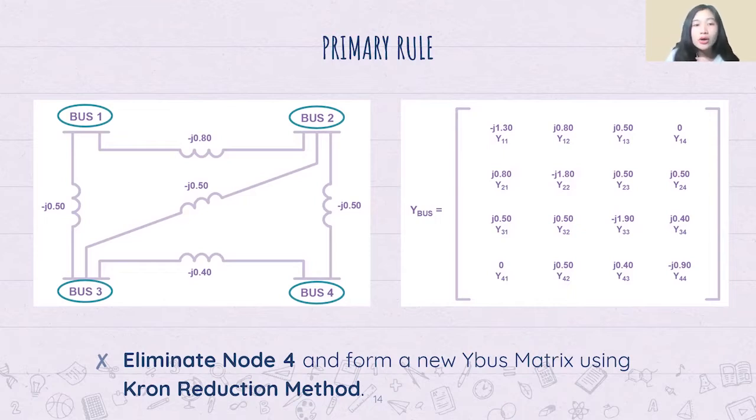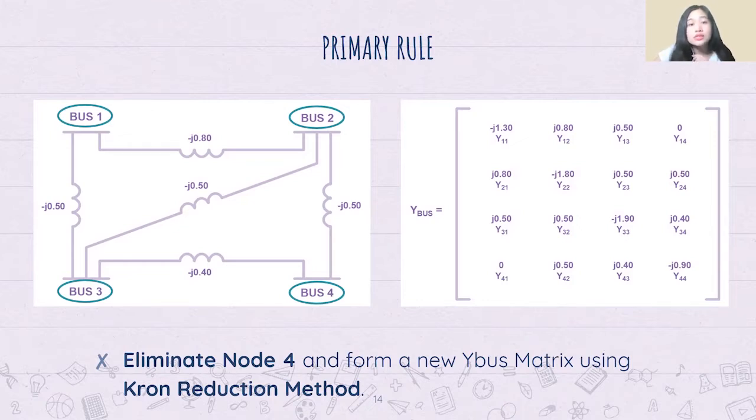Here, we have negative j 0.80. The primary rule for the Y bus off-diagonal is to multiply the admittance by negative 1. So negative j 0.8 times negative 1 is equivalent to j 0.80, which is now flashed here on the screen. We can clearly see that j 0.80 is in Y12.